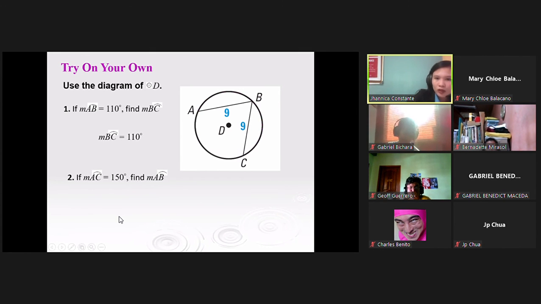Since the whole arc is arc AC, arc AC is equal to 150 degrees. What we need to find is the measurement of arc AB.